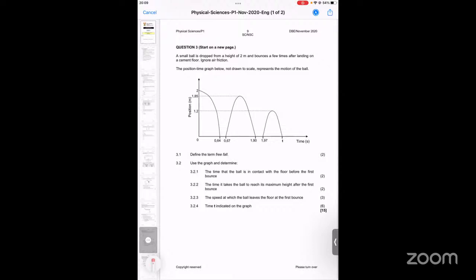And then on 3.2, they say use the graph and determine the following. The time that the ball is in contact with the floor before the first bounce.